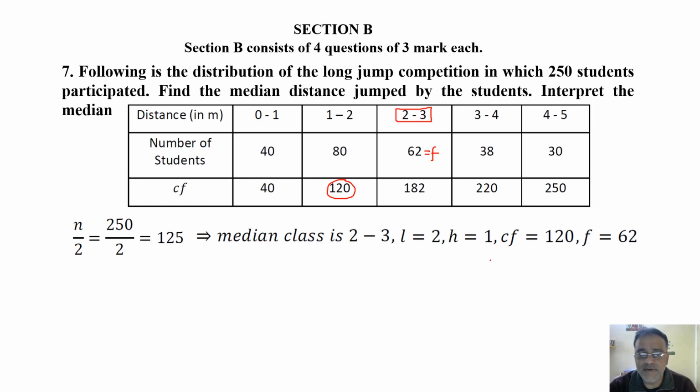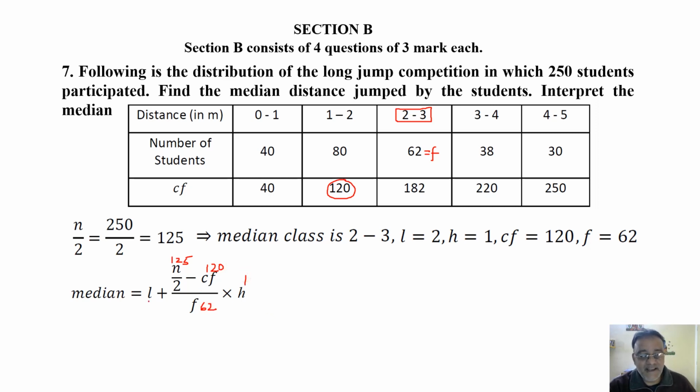Now we'll write the formula and substitute all the values. So n by 2, look carefully, I'm writing here, this is 2 plus... wait, not here, I will write above only. This is 125 and this is 120, and this is 62, and this is 1.